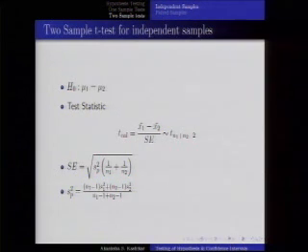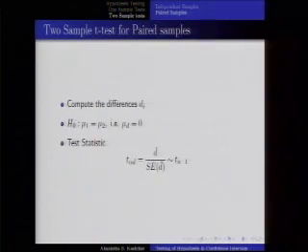And s square p is known as pooled variance. It is computed by using the formula given there. It's a kind of weighted average of the two variances. Then this test statistic follows a T distribution with n1 plus n2 minus 2 degrees of freedom. So we can use T tables to compute the cutoff points.